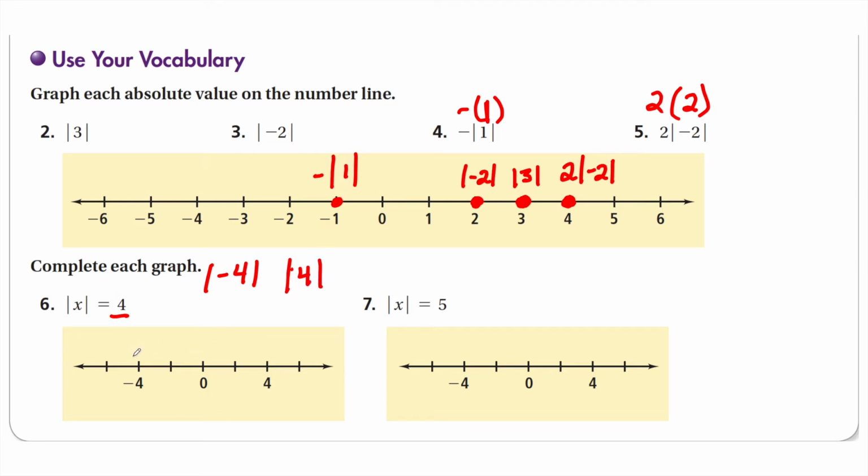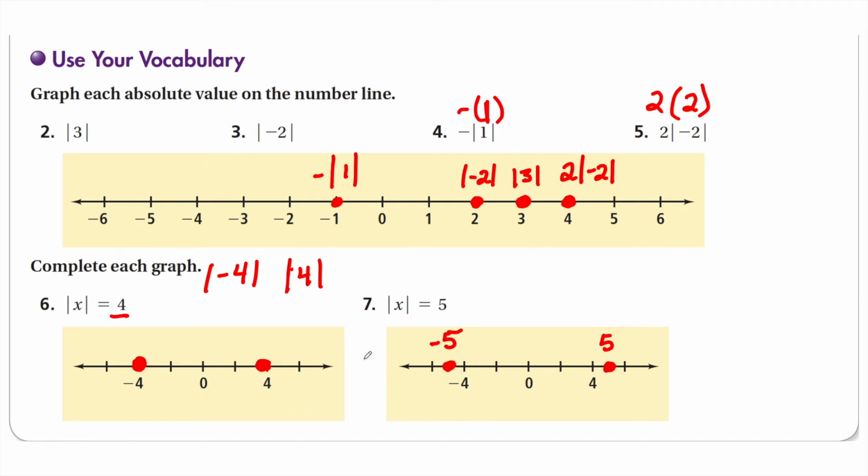So that x could actually be negative 4 and positive 4. And the same thing goes for the 5. Instead of it being just at the 5, which is right here, we can also have it be at the negative 5.